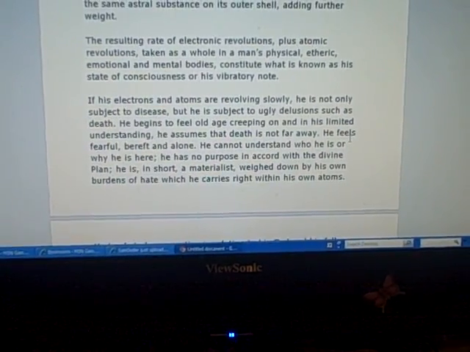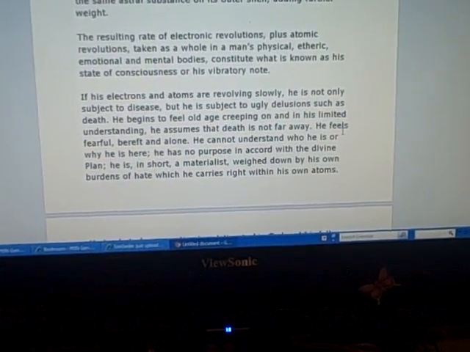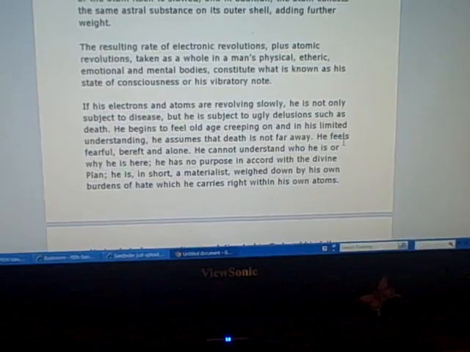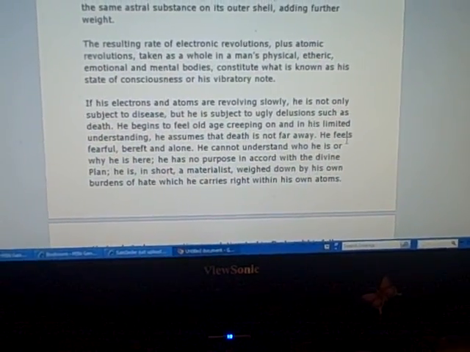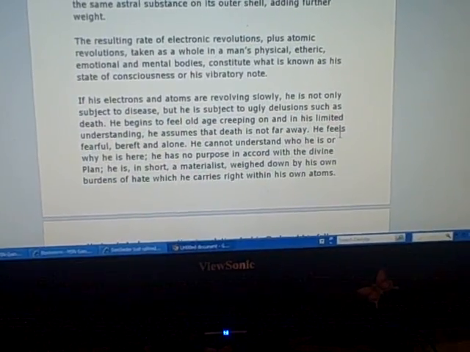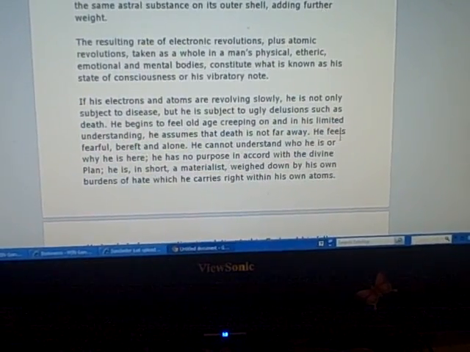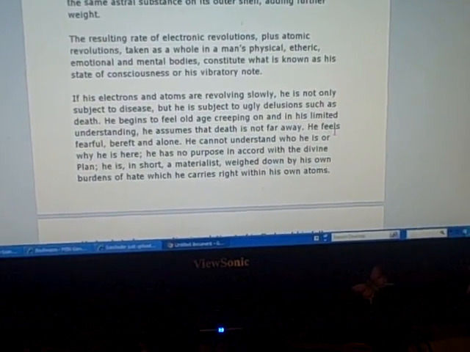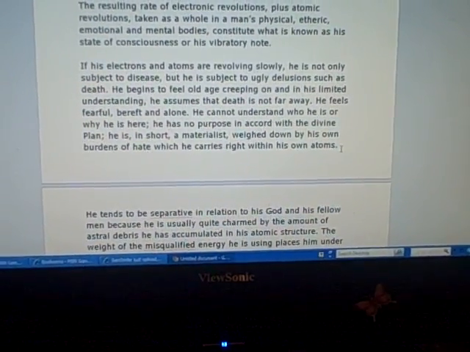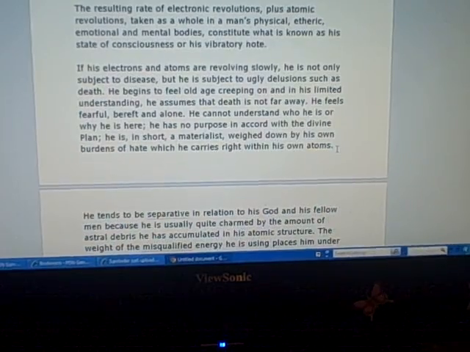If his electrons and atoms are revolving slowly, he is not only subject to disease, but he is subject to ugly delusions, such as death. He begins to feel old age creeping on, and in his limited understanding, he assumes that death is not far away. He feels fearful, bereaved, and alone. He cannot understand who he is or why he is here.